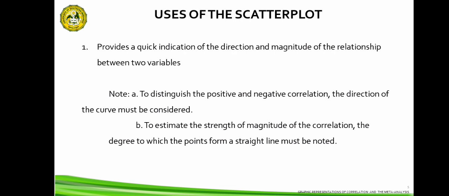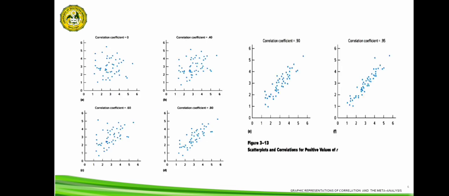To understand it more, I will show you the examples. This is an example of scatter plot. As you can see, the data points are in a pattern trending upwards from left to right. That means that it has a positive correlation, or it has positive values of R.